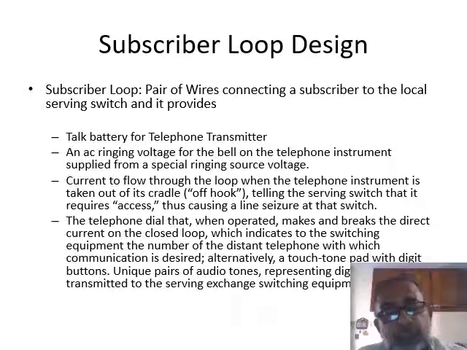Two are copper wires which carry the signal, the baseband signal from the telephone exchange to the subscriber, and the third wire is normally a steel wire, which is basically a strength member.